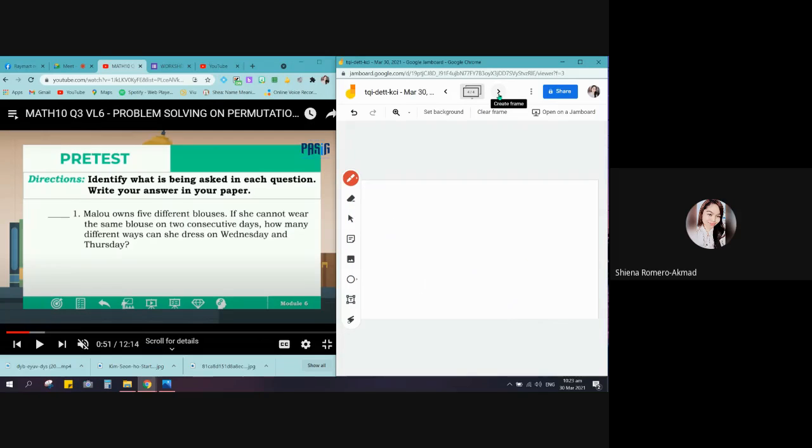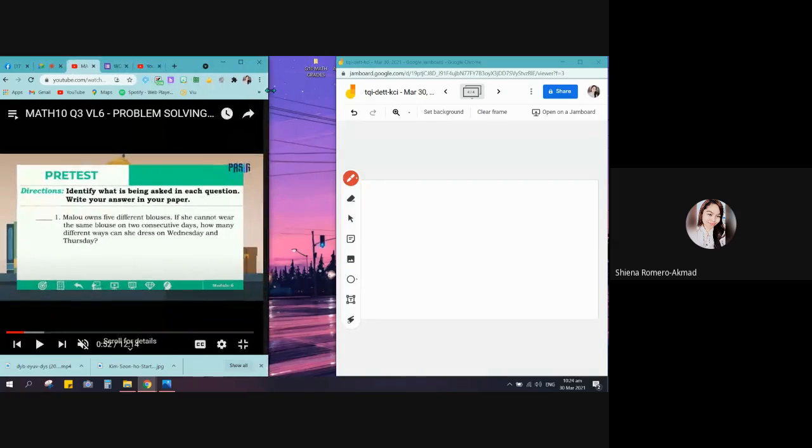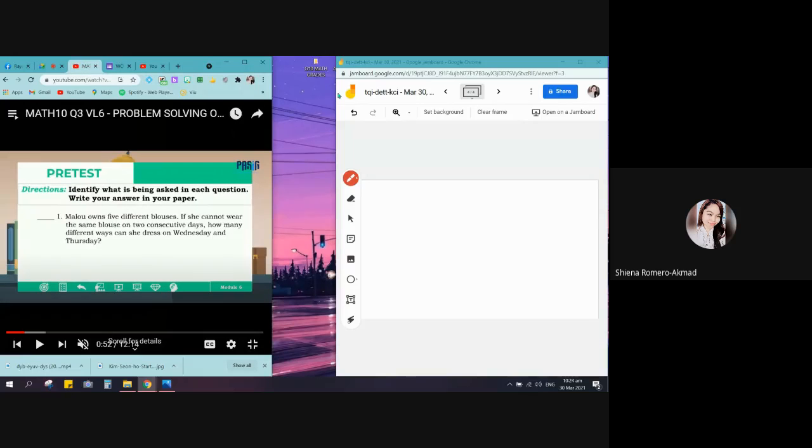Kung hindi siya pwedeng magdamit ng pareho for 2 consecutive days, hindi niya pwedeng suotin yung blouse niya for 2 consecutive days. Sa tingin nyo, ano kaya yung, or how many different ways can she dress from Wednesday to Thursday. Wait lang ah. And palakihin ko lang yung solution part.